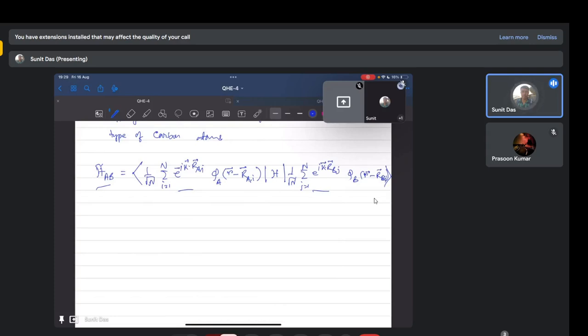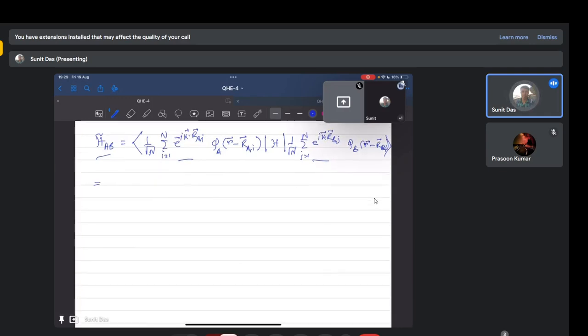Okay, now let's do one more line, things will be clearer here. I think 1 by n, sum over i and then sum over j.